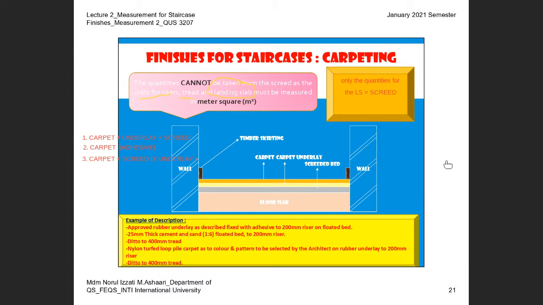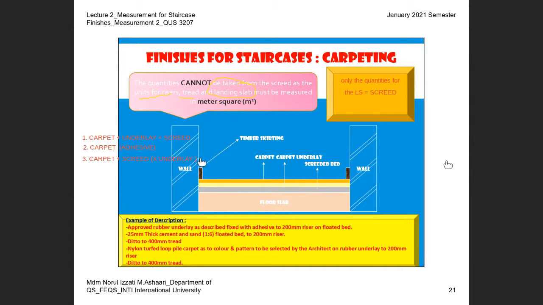Okay, look at the example here. Number 1. The first example is for the rubber underlay. With a rubber underlay, it is described as fixed with adhesive to 200 mm riser on the floated bed. Look at the term used for the screed for this particular design.